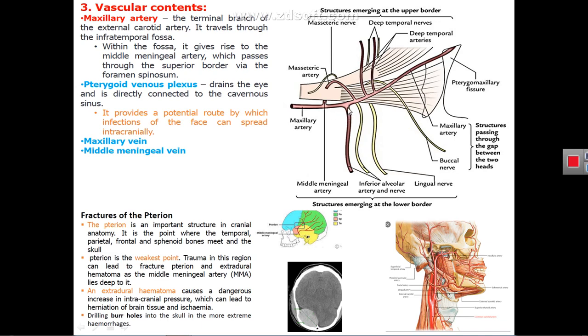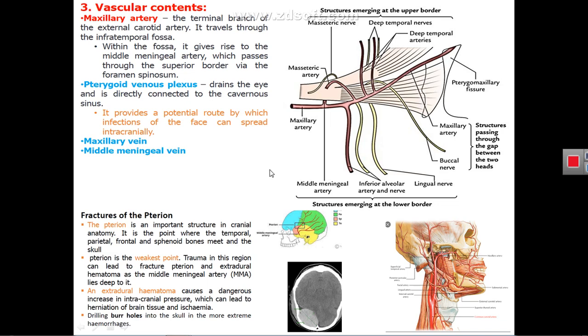It also gives the inferior alveolar artery, which runs with the inferior alveolar nerve in the mandibular canal to supply the lower teeth. Branches from the second part are muscular branches to the muscles. Branches from the third part are in the pterygopalatine fossa and will be discussed with it.